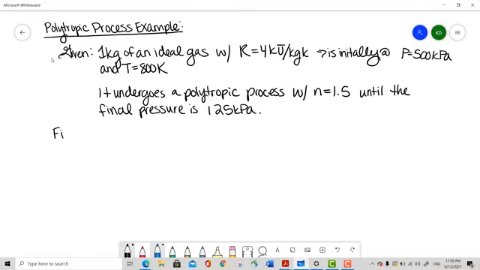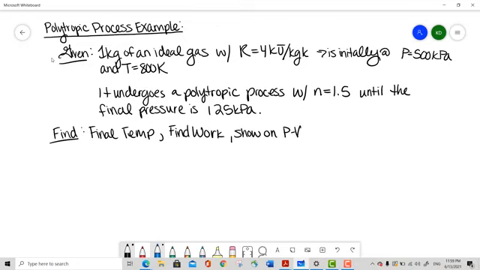And we need to find the final temp, find work, and show on a PV diagram. Okay. And then here's where we work our solution.